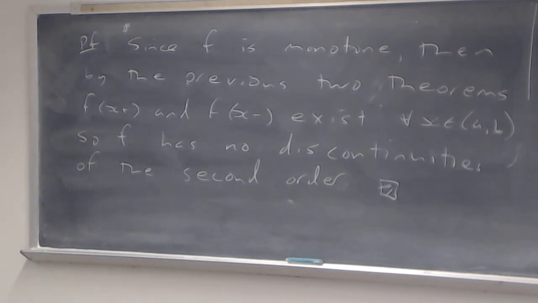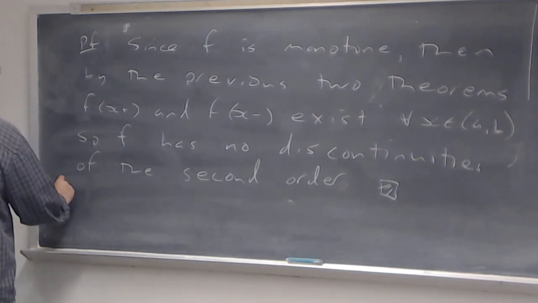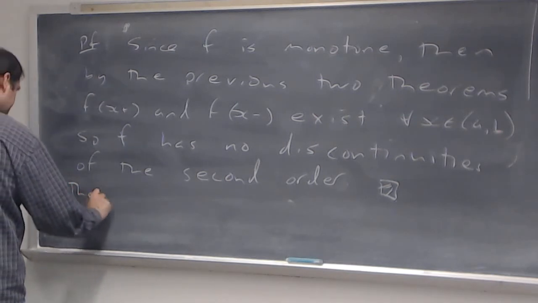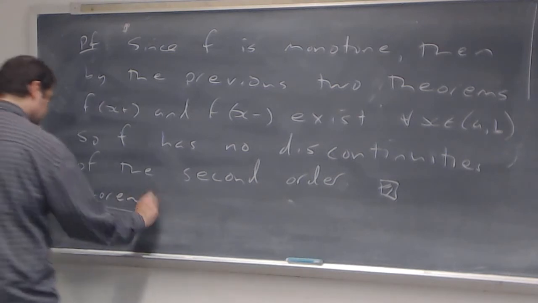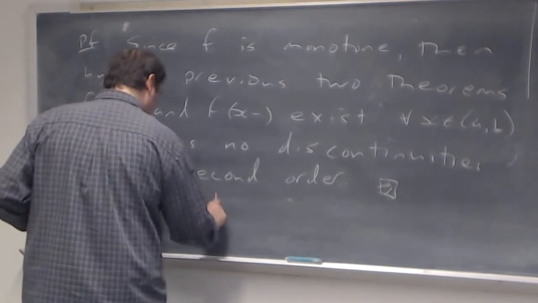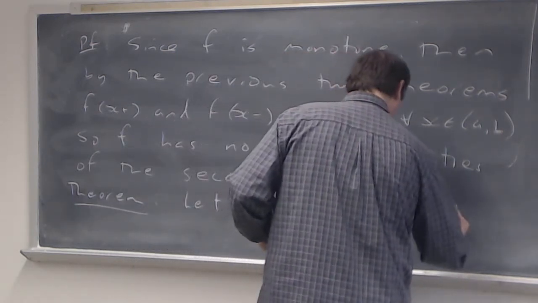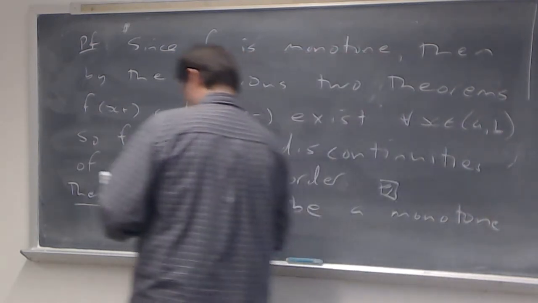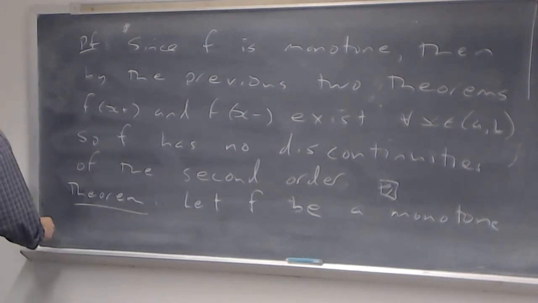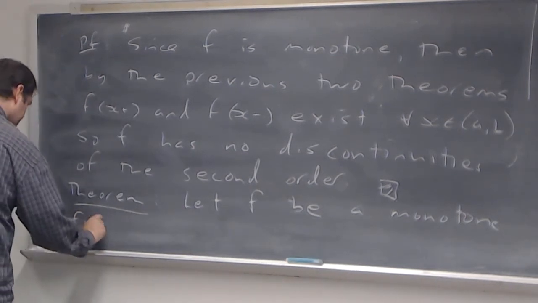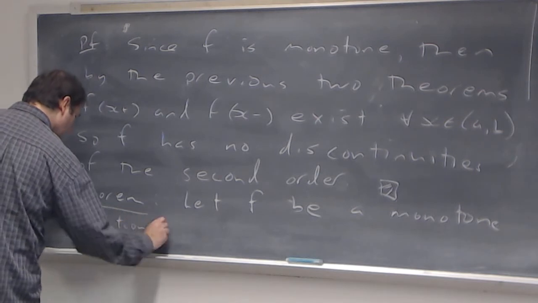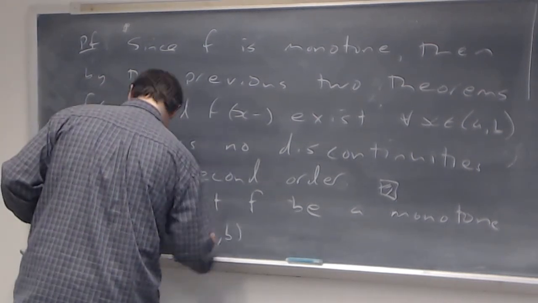Next thing we want to do is write up a statement about the discontinuities for a monotone function. It says the following. It says let f be a monotone function on a to b.